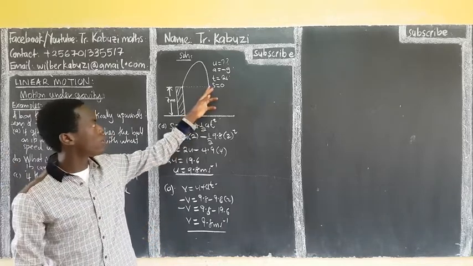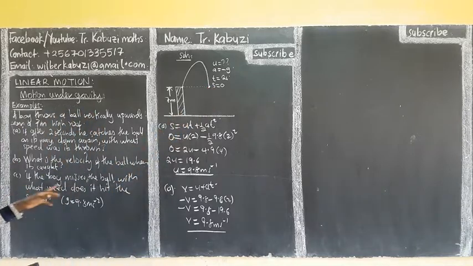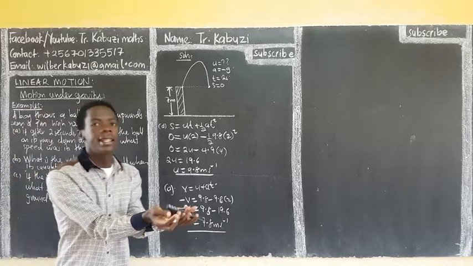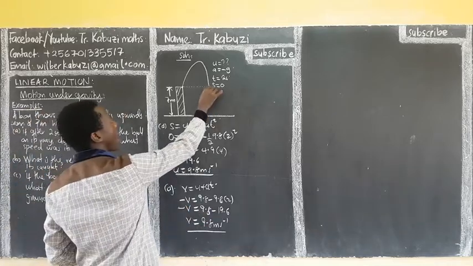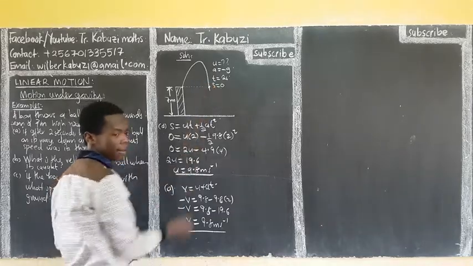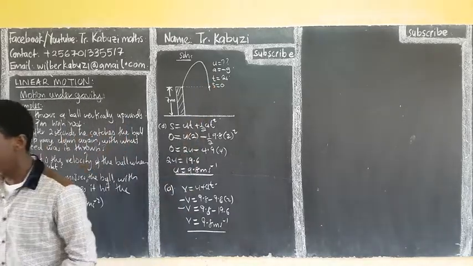Now we also need part C, that if the boy misses the ball, so maybe when he's catching the ball he misses it. Now they're asking us this. Let me get another character.